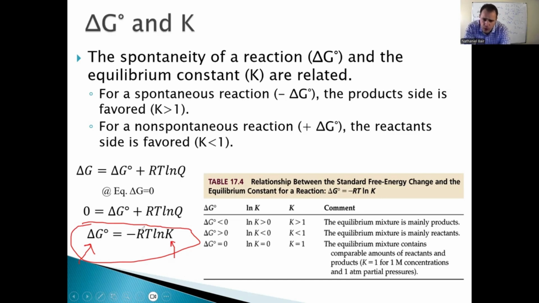This relates the thermochem unit and the equilibrium unit. So you can get equilibrium constants from delta G standards. You can also take equilibrium constants and turn them into standard Gibbs free energy values.